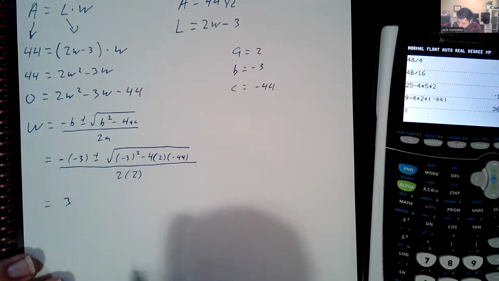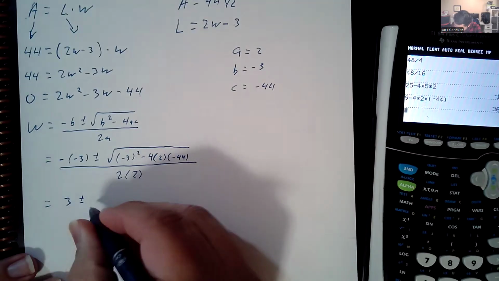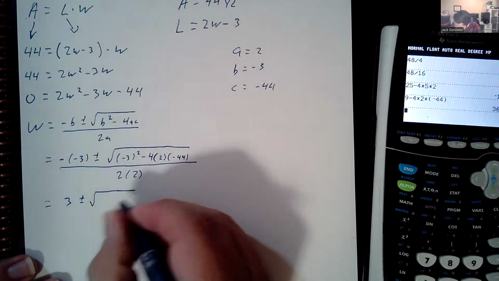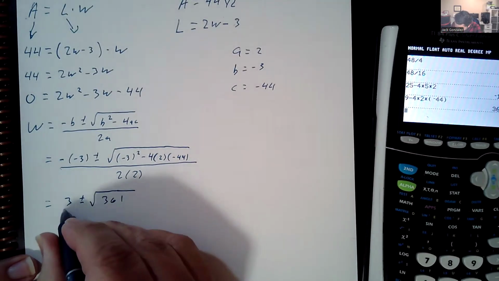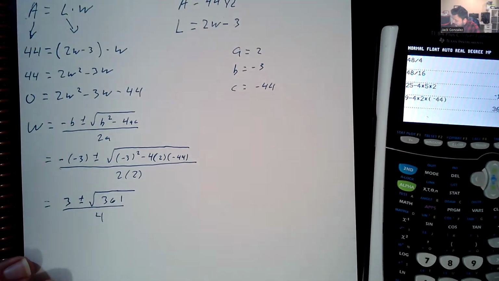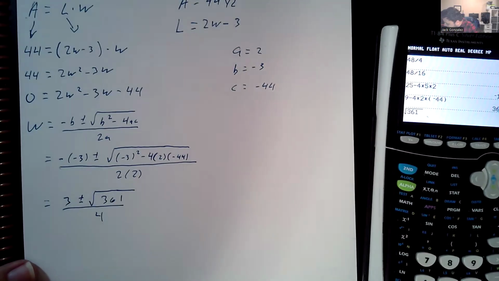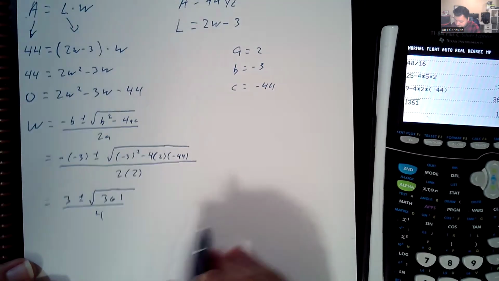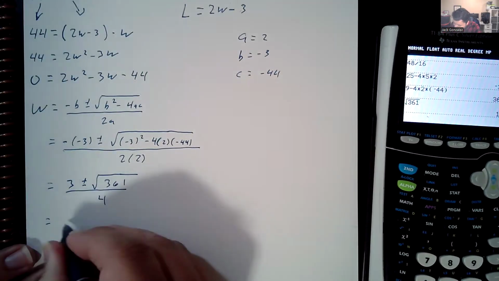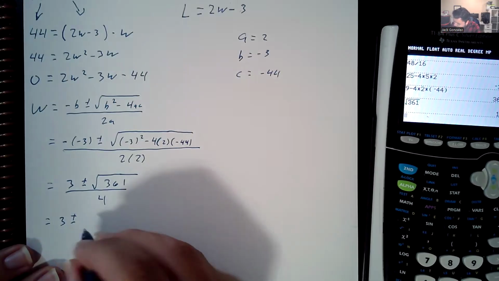Positive 3 plus or minus 361 over 4. Can I square root? I think you can. 361. Yeah, this is 19. Surprisingly, this is a little prettier than I thought it was going to be.